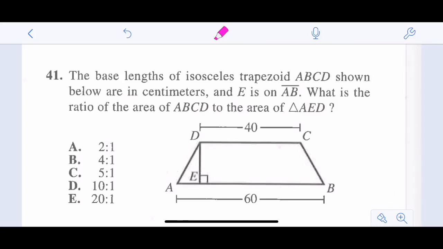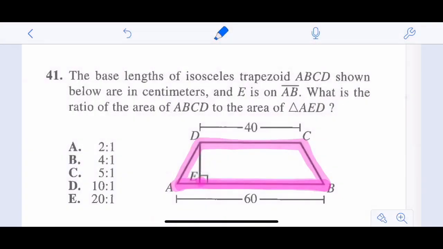Base lengths of isosceles trapezoid ABCD, shown below, are in centimeters, and E is on AB. What is the ratio of the area of AED to the area of ABCD?